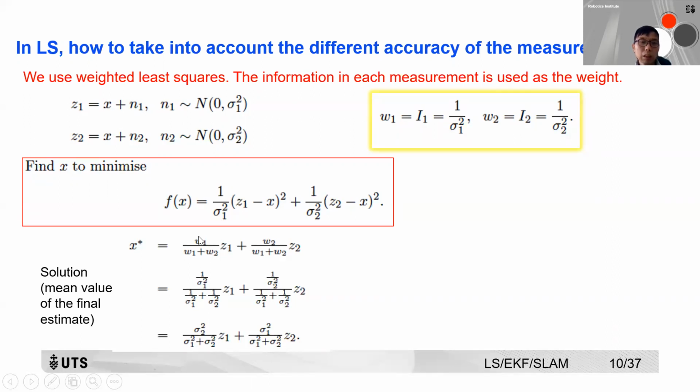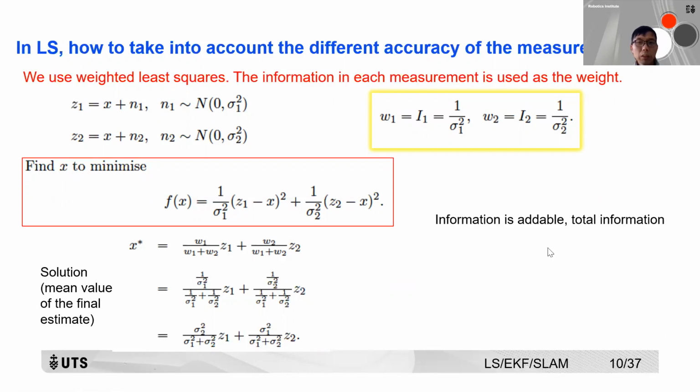And the weights depend on the information, right? The more information you have, the more the solution will turn towards that particular measurement. So weighted least square is more useful than unweighted least square.